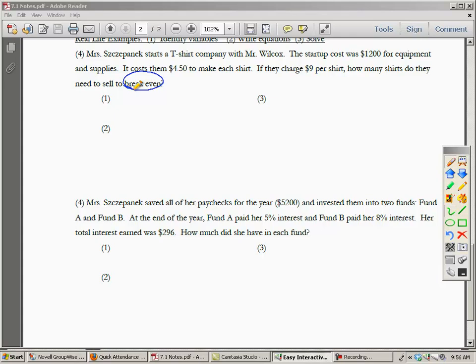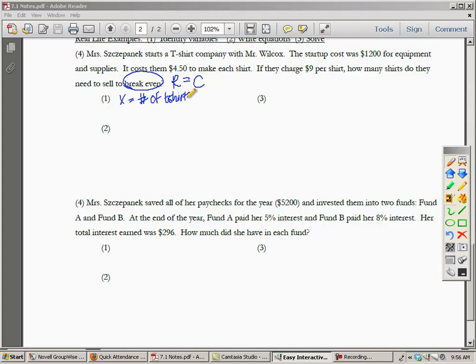If we're breaking even, what that means is the revenue you take in, the amount of money you make, has to be equal to the cost that you put out. So let's look at it in terms of that. I'm going to say I need to know shirts, and I'm going to use X because I don't like to use T. I think it looks like a plus sign.